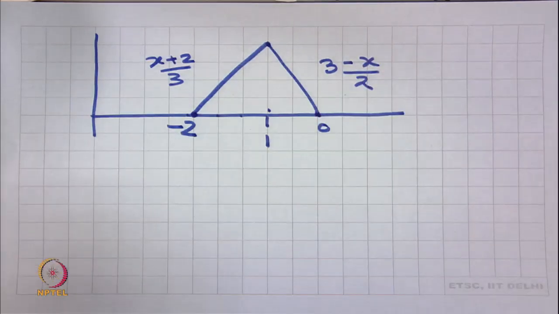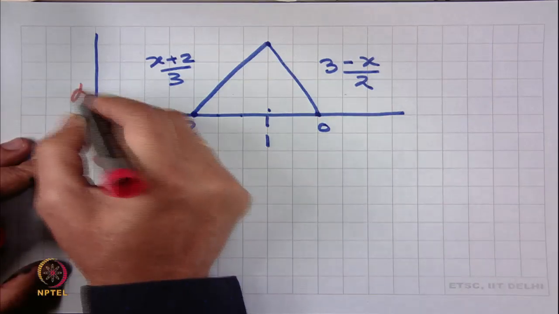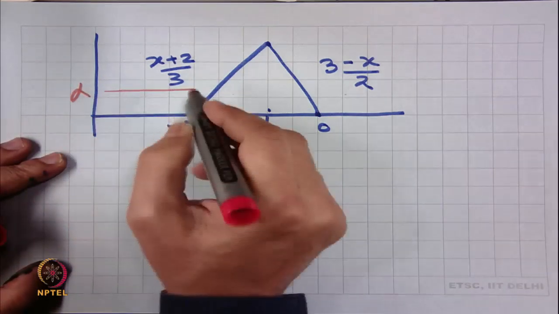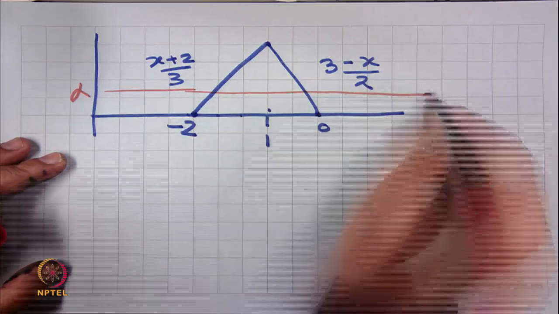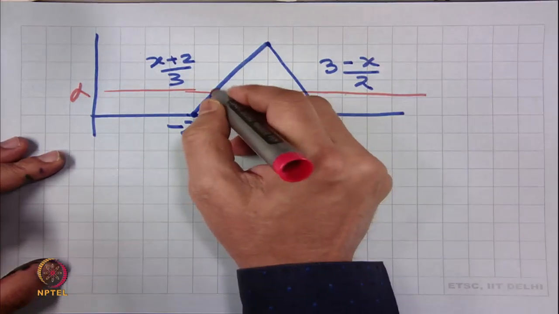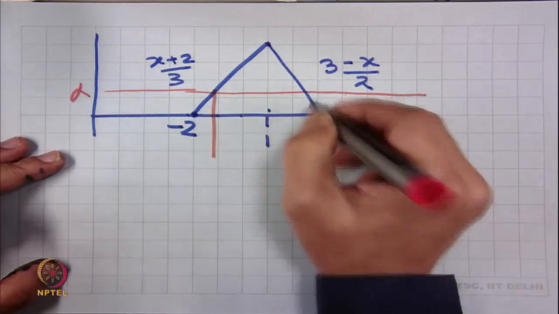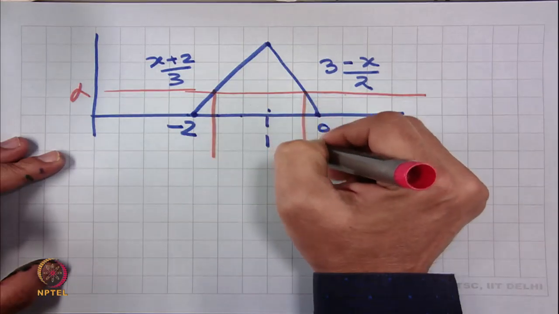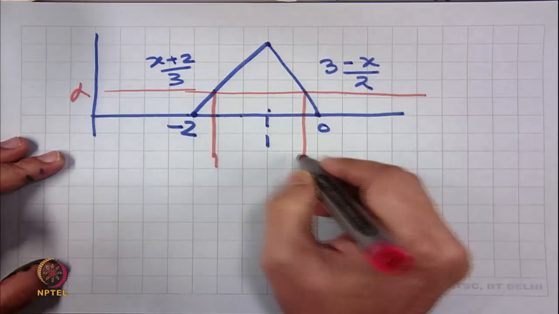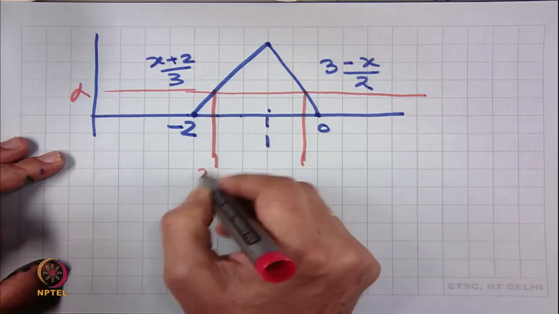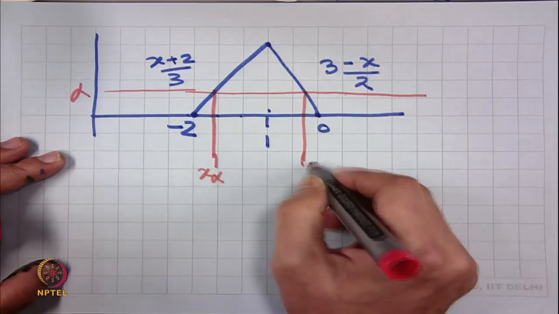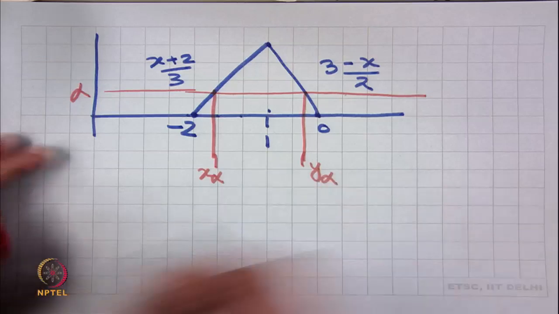So, how do you get the alpha cut? Corresponding to any arbitrary alpha, we draw the line. Therefore, this interval is going to give us the alpha cut. Let us call it x alpha and y alpha.